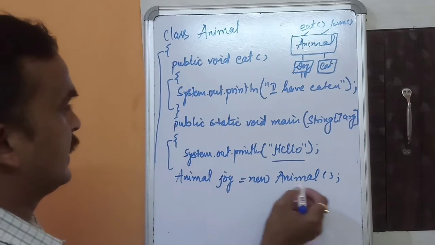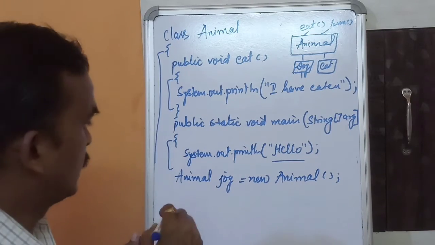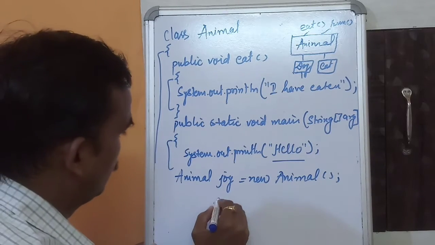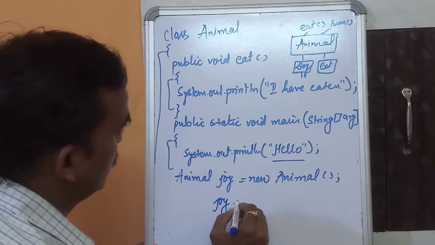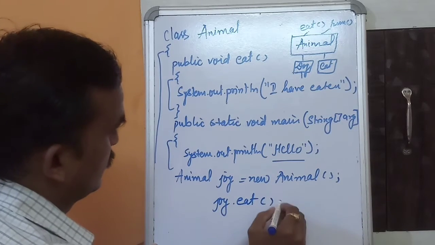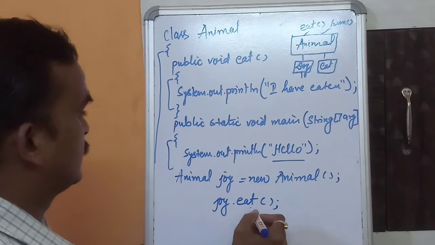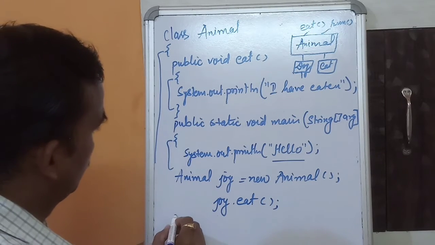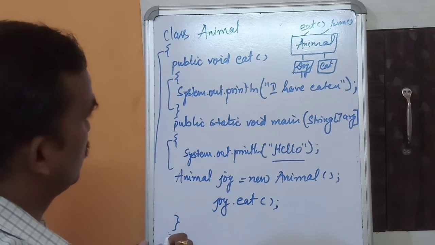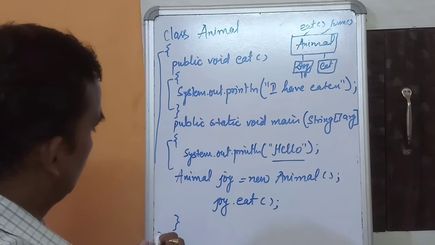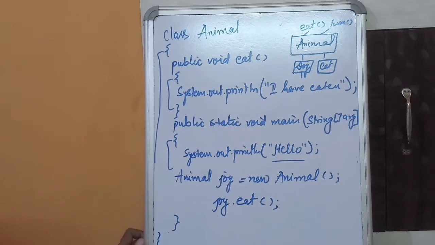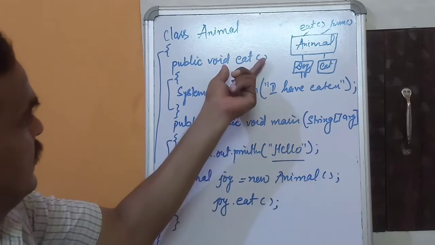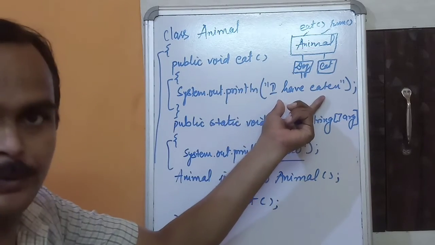Now that is the initialization of an object. Now to call a method we use the dot operator. So here we use object name dot eat. So eat is a method which is being called by the object using the dot operator, and I have closed the main method. By using this object we are calling the eat method. Now that statement will be printed.